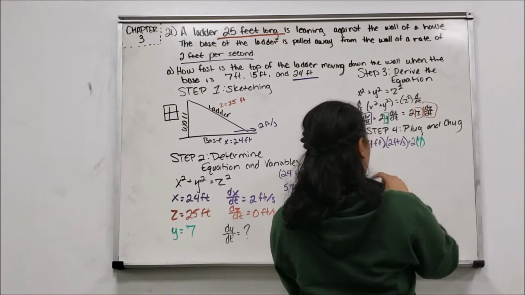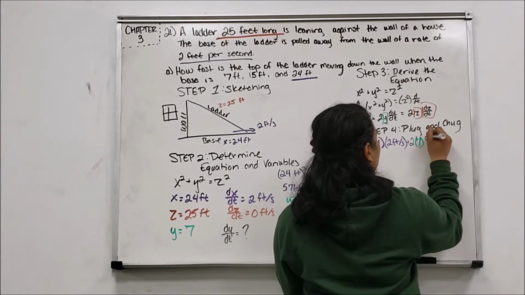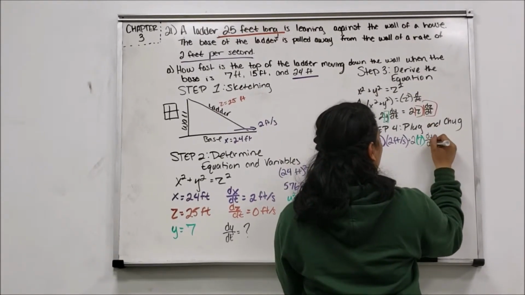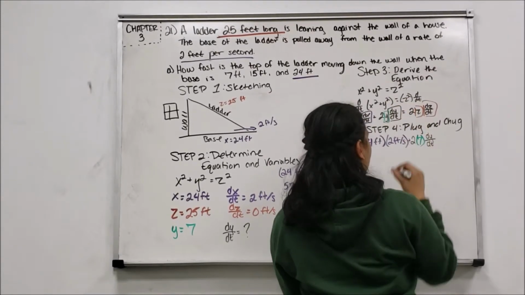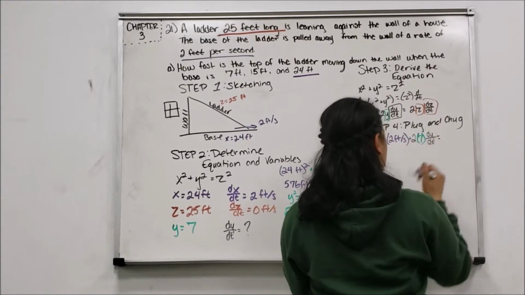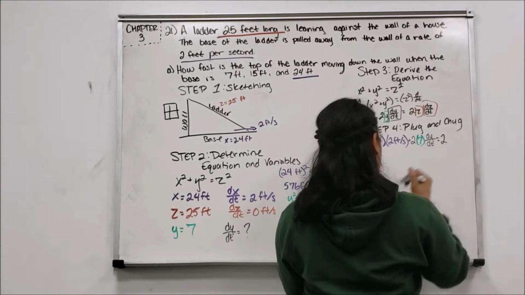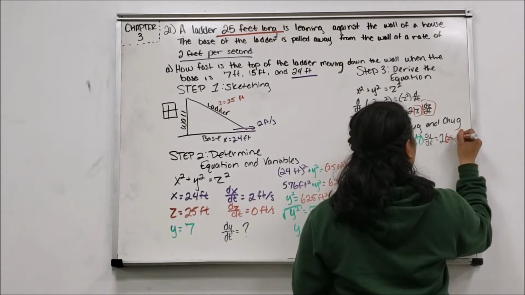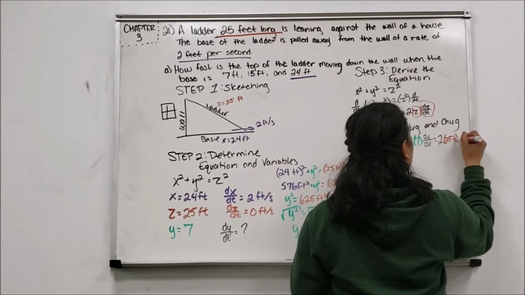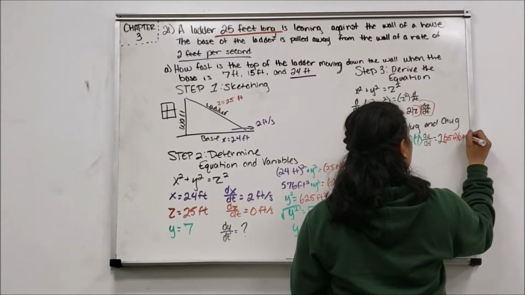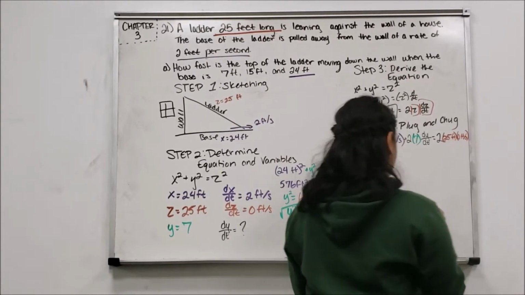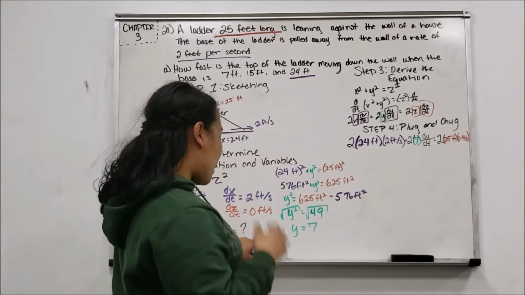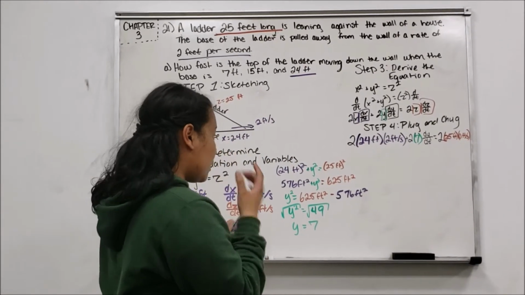Our dy dt is already in black, but that is what we're looking for, so we'll keep that dy dt equals 2 times our z, which is 25 feet, times our 0 feet per second. Okay? Now it's time to do multiplication.